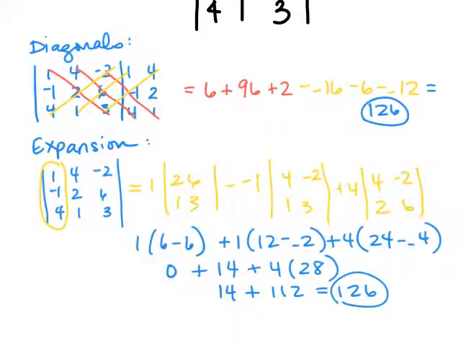So you have 0 plus 1 times 14 plus 4 times 28, which is 126. So either way, you should get to the right answer. And remember, I could have expanded on any of these rows and columns, and I'll still get 126. Hopefully you got that right and are finding success.